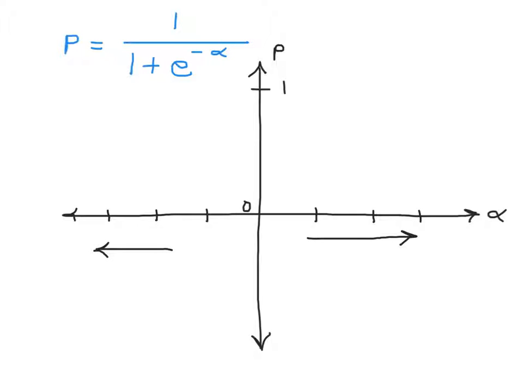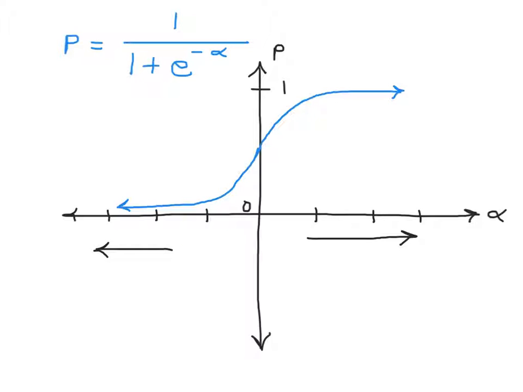As we go to the right from 0, our probability gets closer to 1, approaching 1, never actually reaching 1. And as we go from 0 to the left, our probability gets closer to 0, never reaching 0.